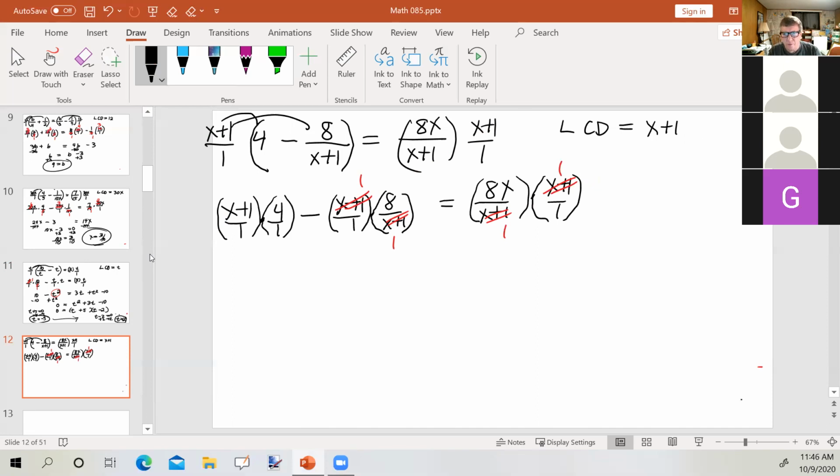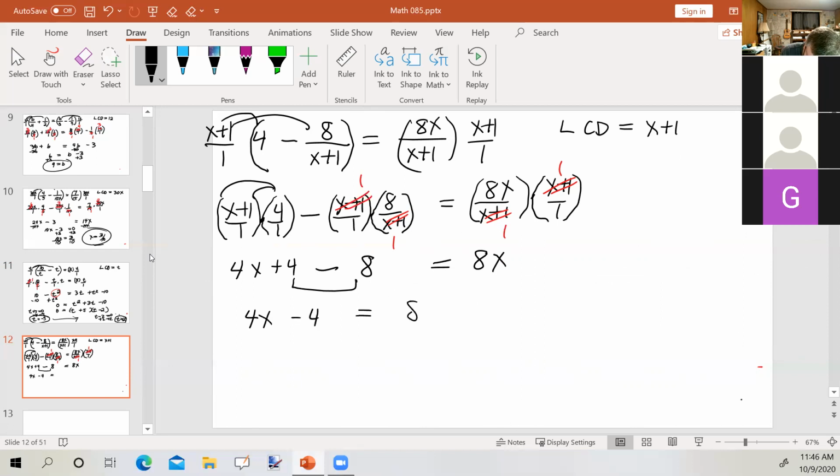Again, any questions so far? All right, so now I've got 4x plus 4 minus 8 equals 8x. I'm going to combine like terms on the left side of the equation. 4x minus 4 equals 8x.